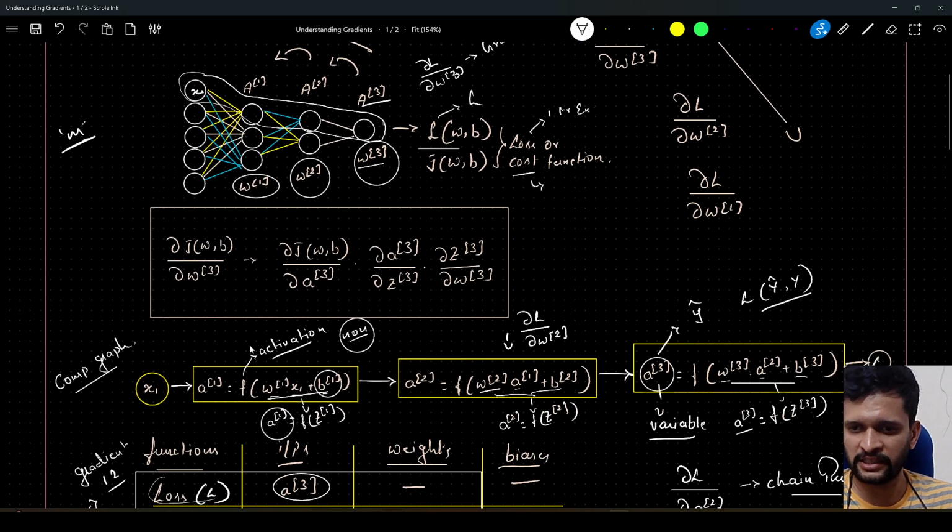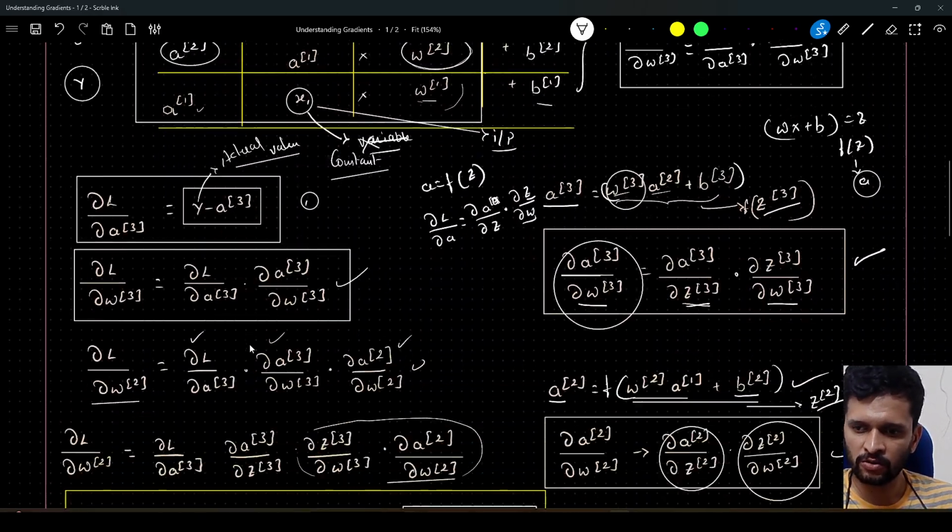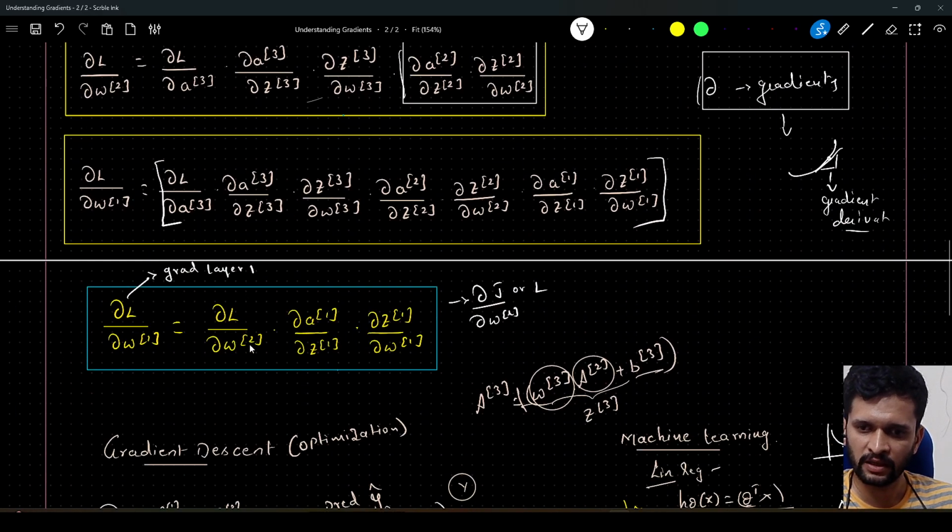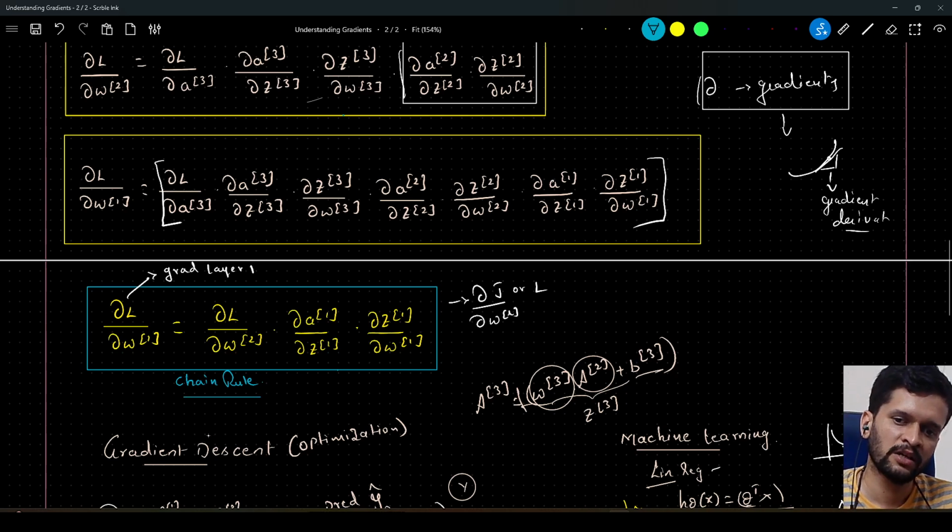The same logic applies for all the weights and the biases associated with each layer. Hope this is clear. We arrived at this with the help of something called the chain rule. If you have not watched my previous video where I explained the computation graph and chain rule, please go back and refer to that. Then this video will make more sense.